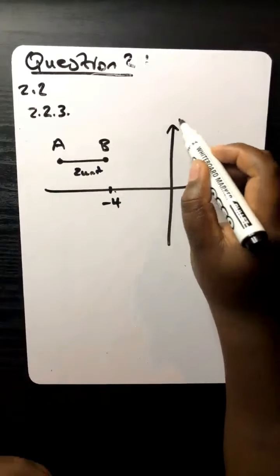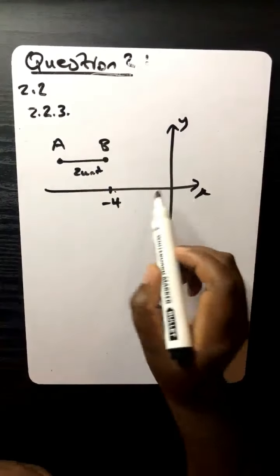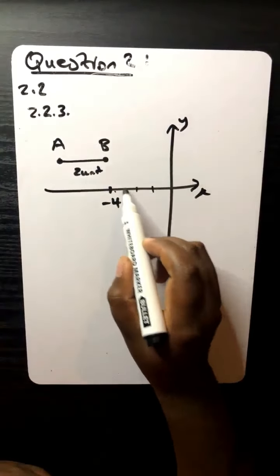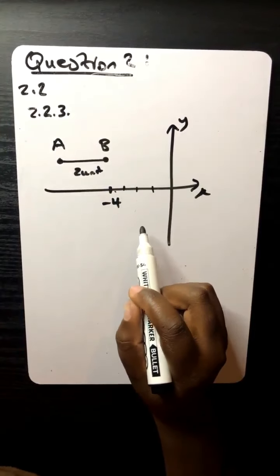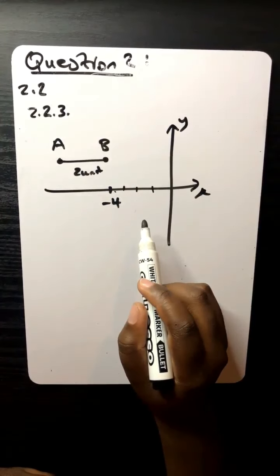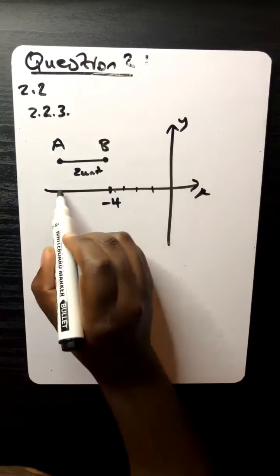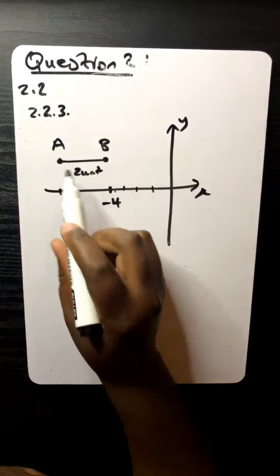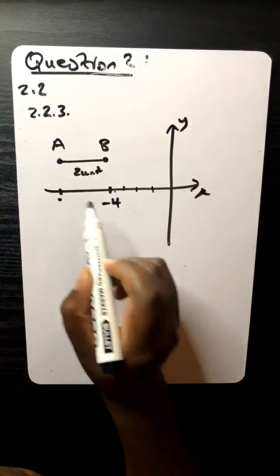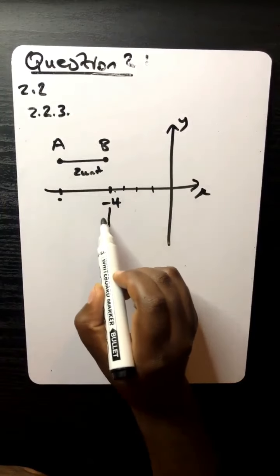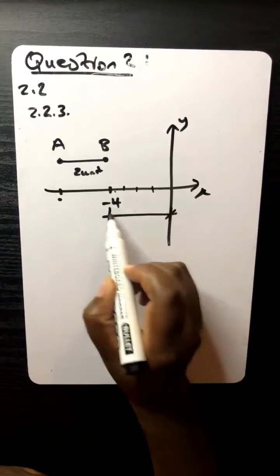So remember, guys, this is a Cartesian plane. So we had -1, -2, -3, -4. When we talk about the coordinates, we just need to know the x value. For example, the coordinates of A, we just need to know the x value there.